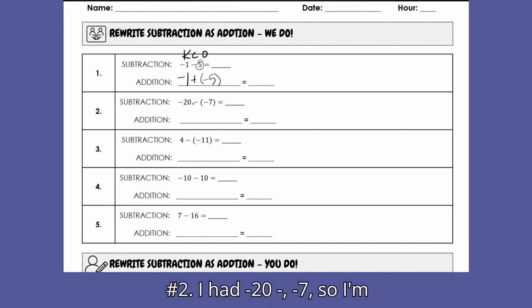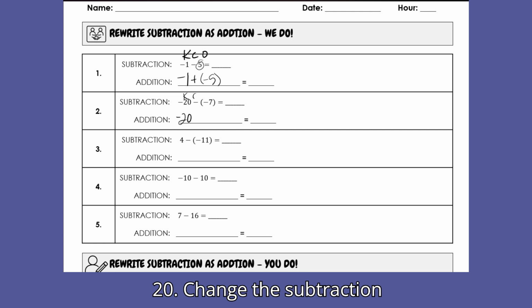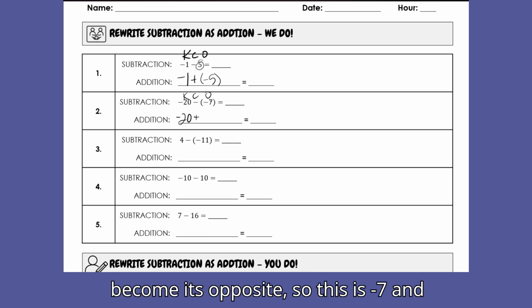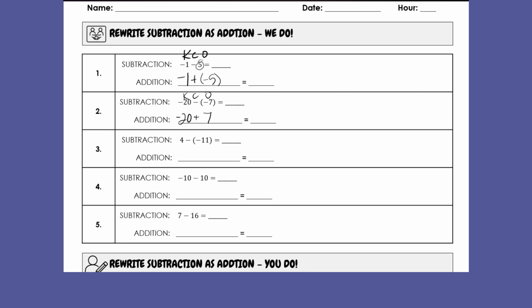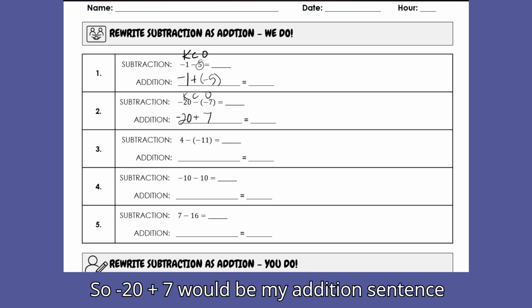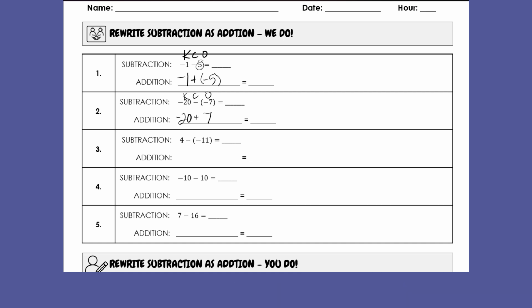Number 2, I have negative 20 minus negative 7. So I'm going to keep negative 20, change the subtraction sign to addition, and then the sign of my second number is going to become its opposite. So this is negative 7, and I'm going to actually add a positive 7 then. So negative 20 plus 7 would be my addition sentence.